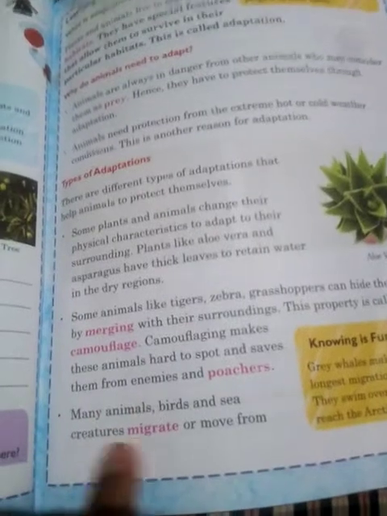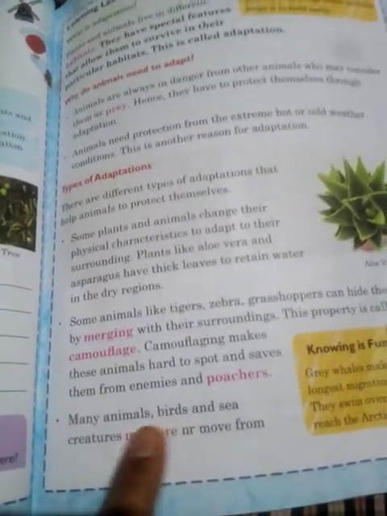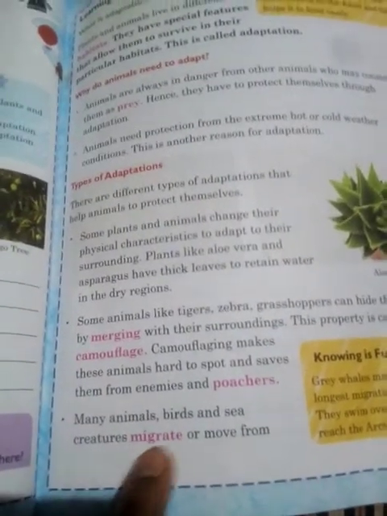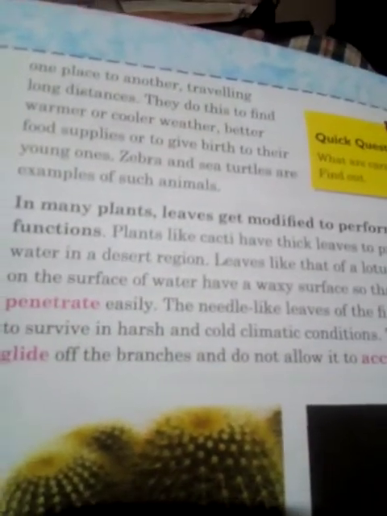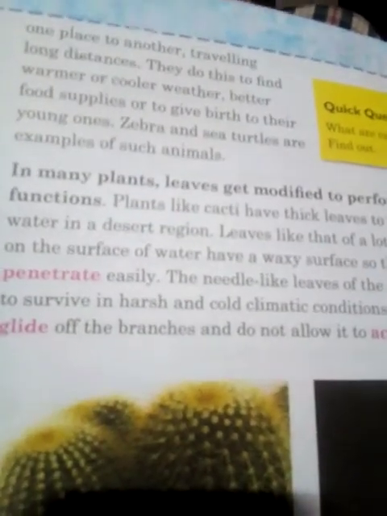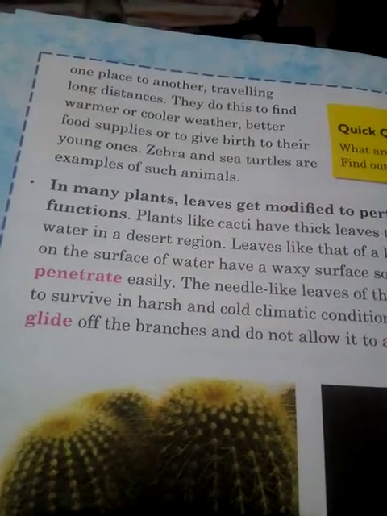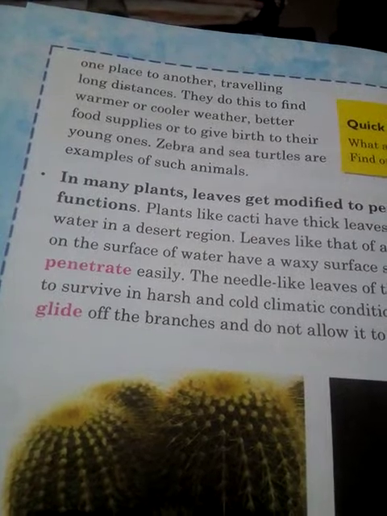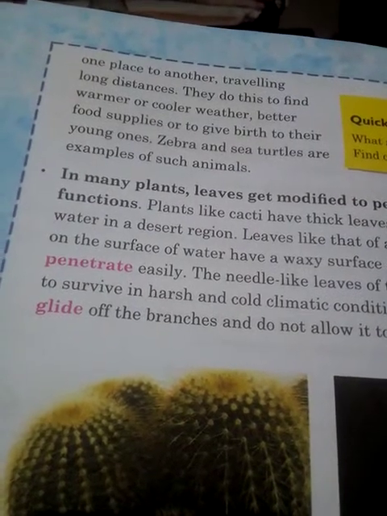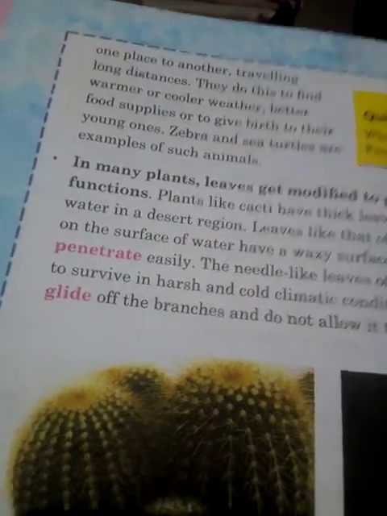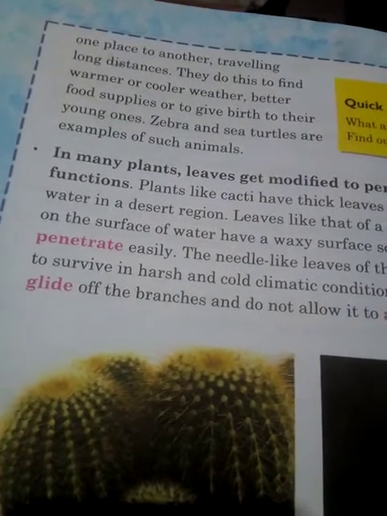Here it is given something else. Many animals, birds and sea creatures migrate, or move from one place to another, traveling long distances, so that they can find warmer or cooler weather, better food supplies, or to give birth to their young ones.